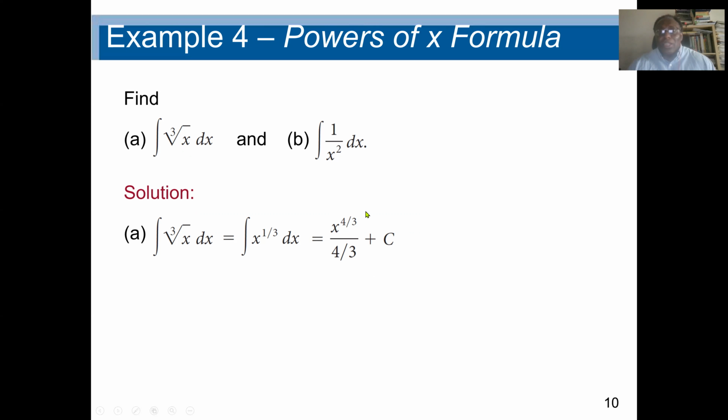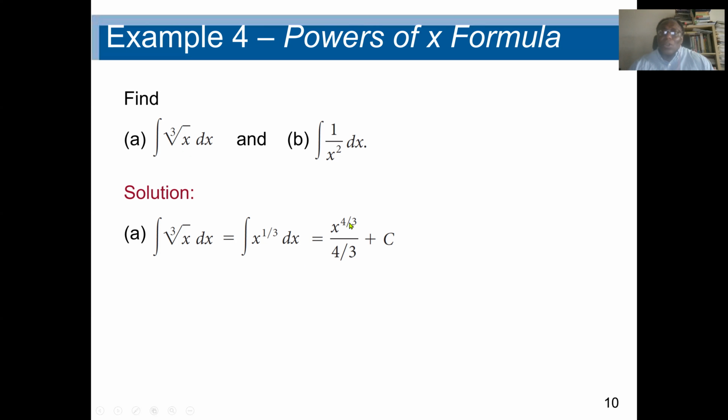Now, trying to find the derivative of this function here, x to the 4/3 divided by 4/3, you see that you end up getting x to the power 1/3 also. Because dividing by 4/3 is the same as having the coefficient 3/4.